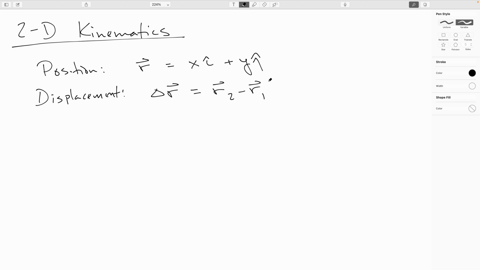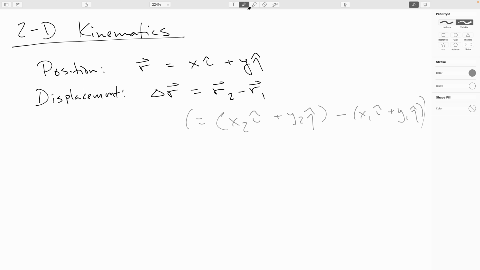Just to follow the logic through here for displacement, the r2 we would be writing as x2 i hat plus y2 j hat. And we'd be subtracting from that x1 i hat plus y1 j hat.